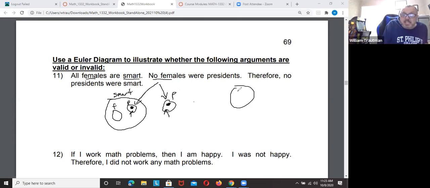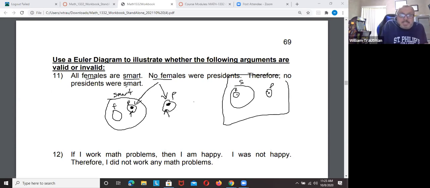So they're saying, is this valid, female and president? Therefore, they're saying the presidents are not smart. This is smart. So they're saying, is this valid?